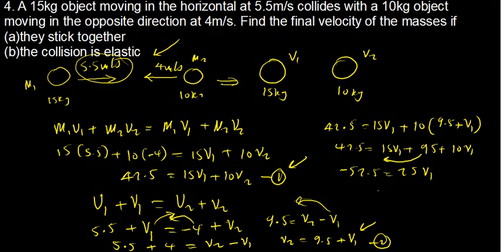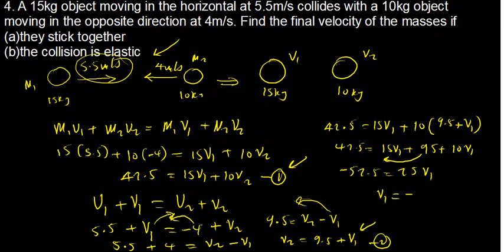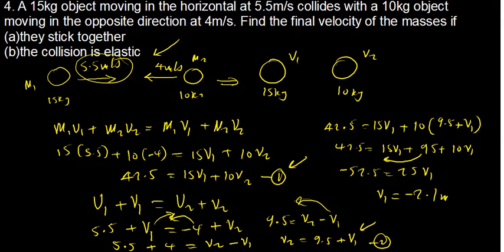So to remain with v1, we get -52.5 divided by 25. So we get -2.1 meters per second. And then to get our v2 now, we come to this equation. Let's write it there.